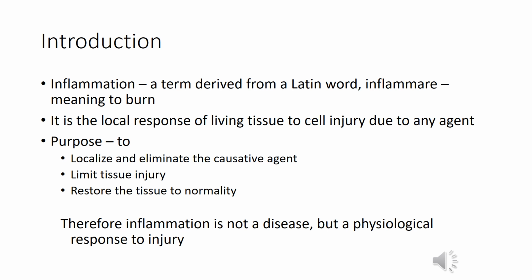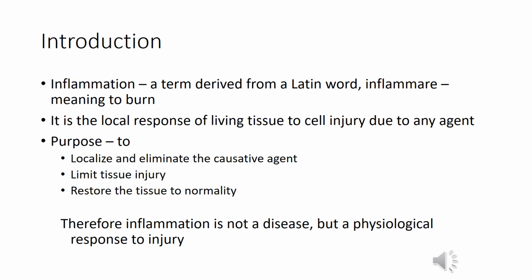Threefold. The first one is to localize the causative agent and also to try and eliminate it. That means, by extension, it limits tissue injury. And when tissue injury is limited, the best outcome is that that tissue or cell is restored back to its original form and function. Remember, we said pathology is a study of disease, in other words, disturbances caused by disease affecting both the structure and the function.